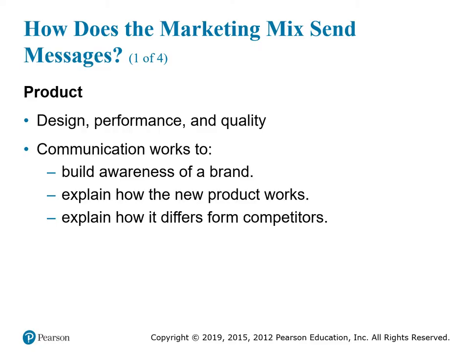Communication works to build awareness of a brand, explain how the new product works, and explain how it differs from competitors. So people have to be made aware of the brand, and how the product works. You must demonstrate it if it's not clear how it is different from the competitors, because how is it better than its competitors? Something that you have to gauge.